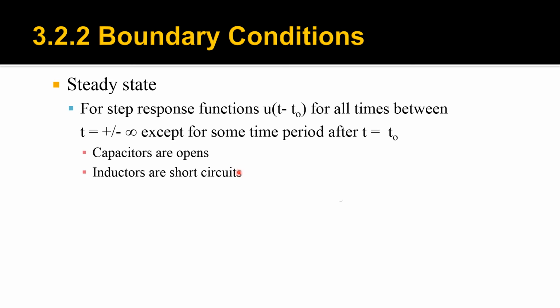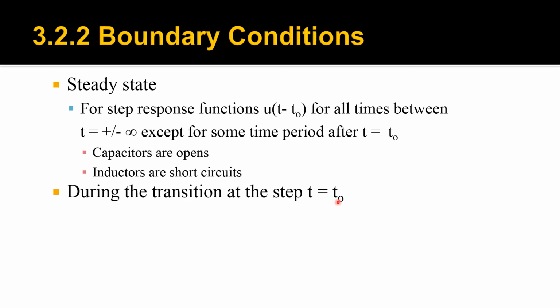Okay, and during the transition at the step t equals t naught, this is actually the thing that you should do whenever you apply the DC analysis, so that all the capacitors are open and all the inductors are short circuit, so that you can find the current over here and the voltage at the capacitor.